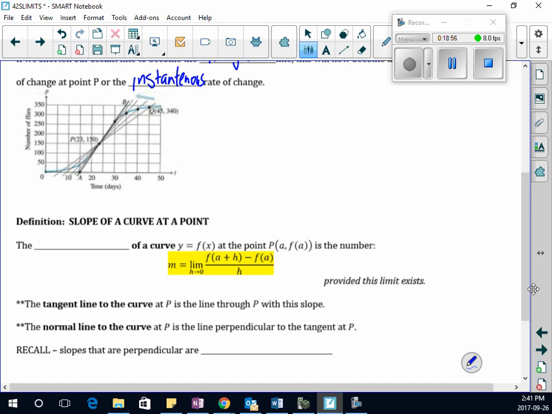Okay, so the slope of a curve at a point P of a and f of a is the limit as h goes to 0, meaning that point is coming closer and closer to that first point, and you're finding the difference of the y's over h. That means the x distance between the two is coming basically to nothing. So that's why it's going to 0 without being 0. Of course, provided the limit exists.